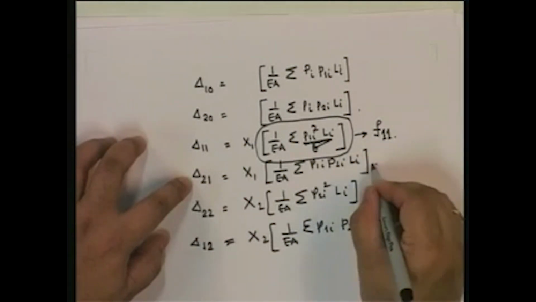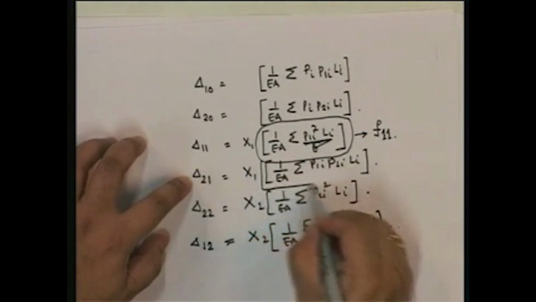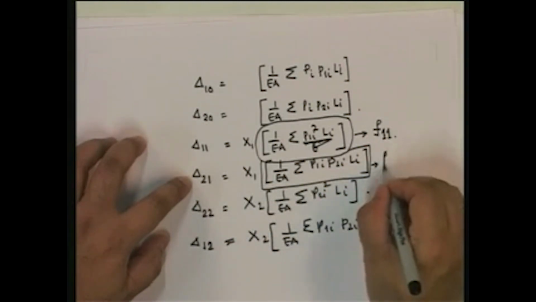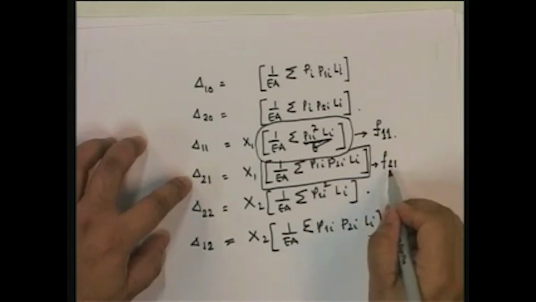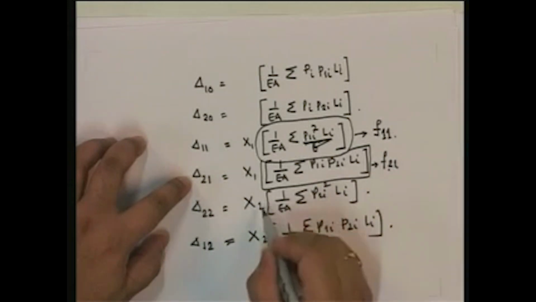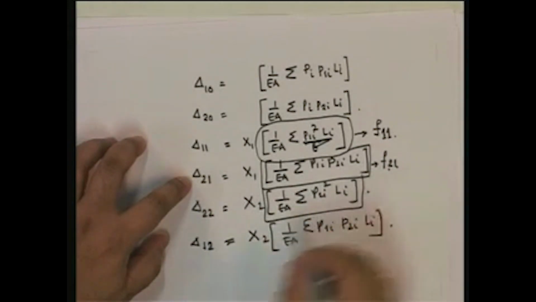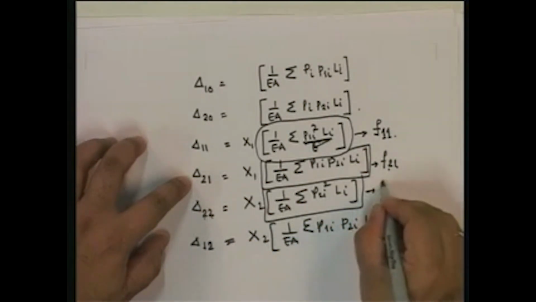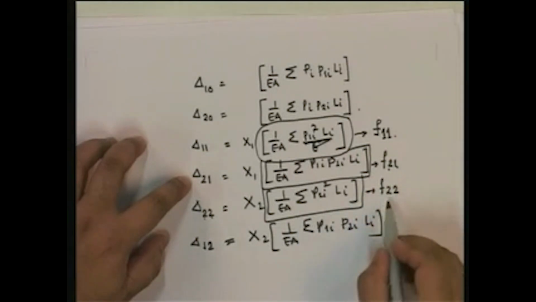This part is the displacement at 2 due to a unit load at 1, so F21. This part, delta 2 2, is the displacement at 2 due to load at 2, so F22.